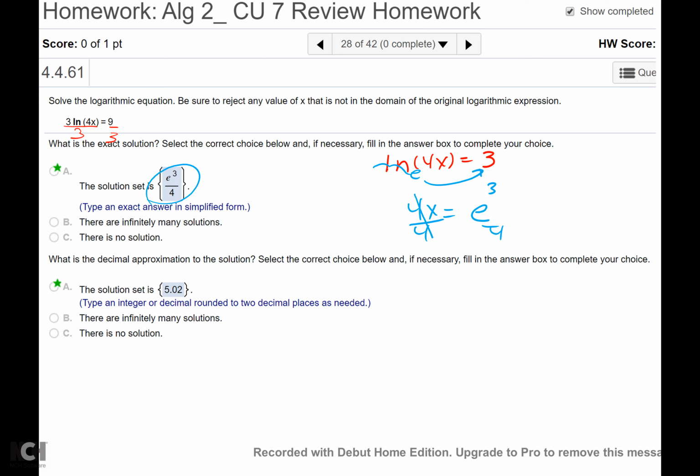And then it says, what is the decimal approximation for this solution? Well, you just type in second e caret 3, enter, divided by 4. Sorry, lost my train of thought there. And that's where you get the 5.02. Yeah?